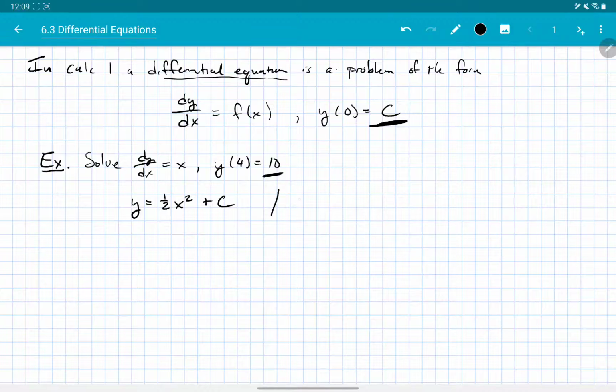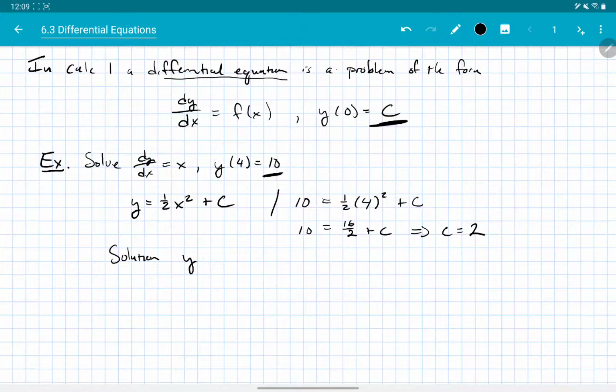We need to have 10 equal 1/2 times 4 squared plus the constant. So this is 16 over 2 plus the constant must be 10, which means the constant must be 2. So the solution to this differential equation is y is equal to 1/2 x squared plus 2. And that is in fact a unique solution to this differential equation.